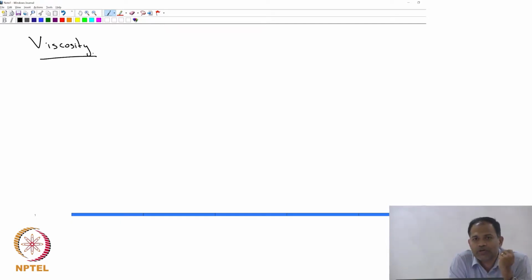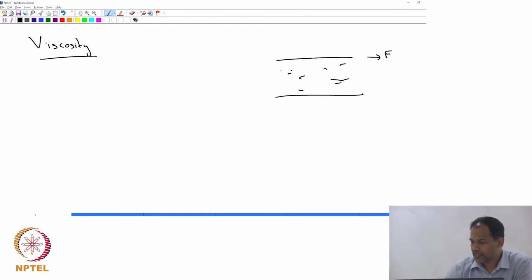And if you go back to your older notes, what you would have seen is that you take, let us say, fluid between two plates, and let us say that you apply some force F on the top plate. There is fluid in between, and let us say that the area of the top plate is A. Because you have applied the force, the top plate would start moving with some velocity, which let us call capital U, and let us say h is the distance between the plates.